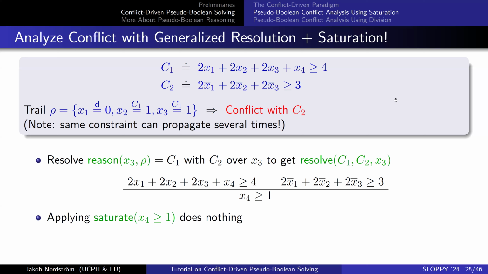You could say, yeah, but we're learning something about x4. It's true that we're learning that it's true, and it's maybe an interesting fact. But it's very clearly not why we ran into this conflict. Okay, so we lost the invariant that the conflict-side constraint is conflicting.